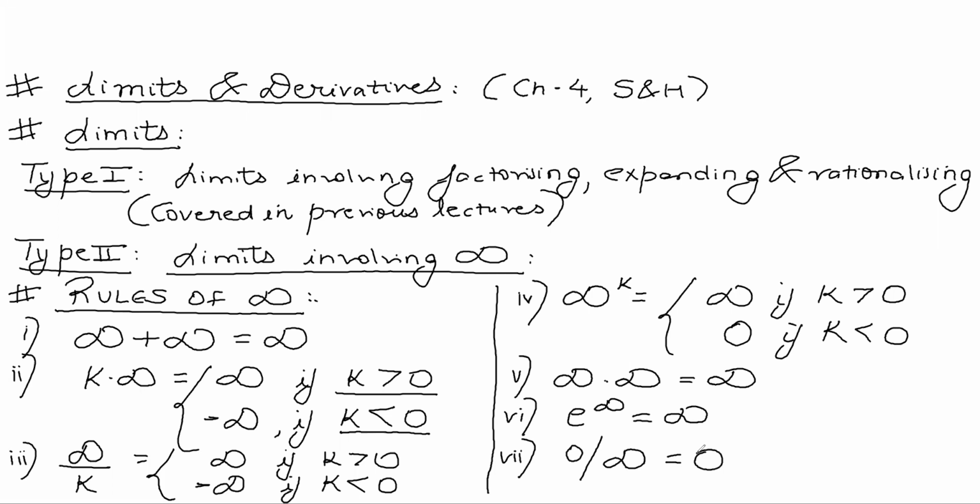I can also write along with this, e to the power minus infinity will be 0. E to the power infinity is infinity, e to the power minus infinity is 0, 0 upon infinity is 0. So these were the 7 rules of infinity, which I had covered in the previous lecture.